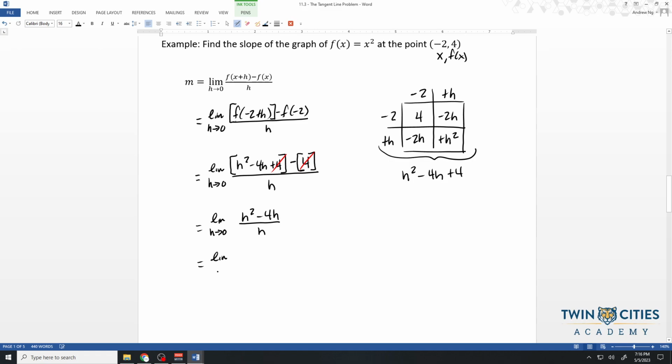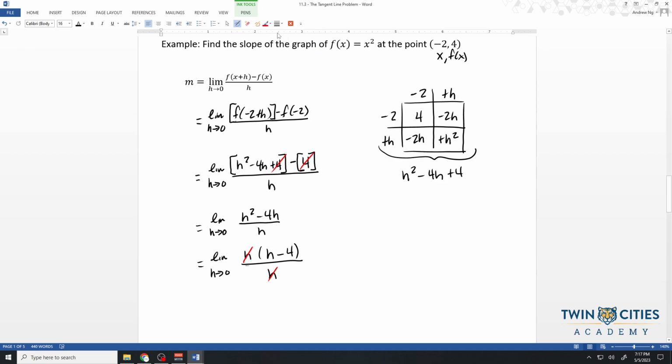So this will be the limit as h approaches 0 of h times, pulling out an h means dividing both of these by that. I'll have h squared divided by h is h, minus 4h divided by h will be 4, over h. The goal here is to be able to divide out this h, which I can do now. The limit as h approaches 0 of h minus 4.